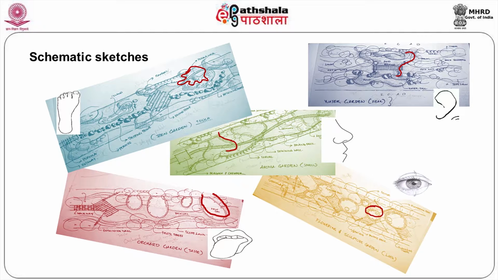The first one is a Zen garden for touch feeling, the second one is a water garden for hearing, then an aroma garden for smell with a nose idea, then for visual purpose you have an eyes concept, then an orchid garden for your taste buds. So you can see from the drawing what kind of concept we have evolved and developed and taken forward to give rise to the best garden available.